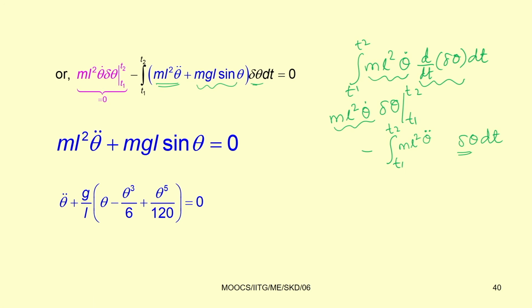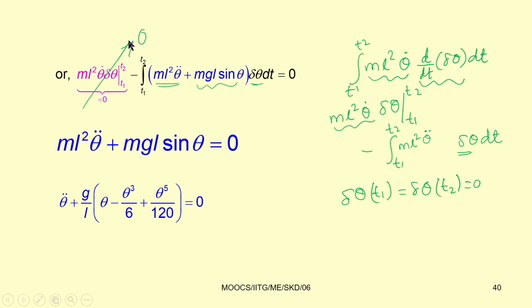Now you just see, we already know that delta theta at T1 equals delta theta at T2 equals 0. So this part tends to 0.